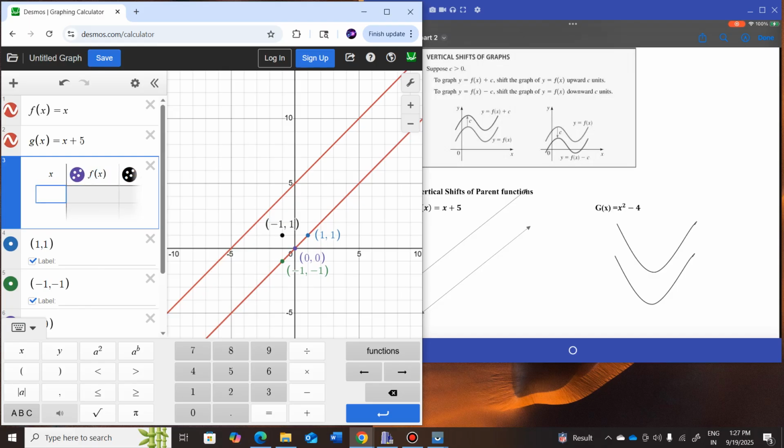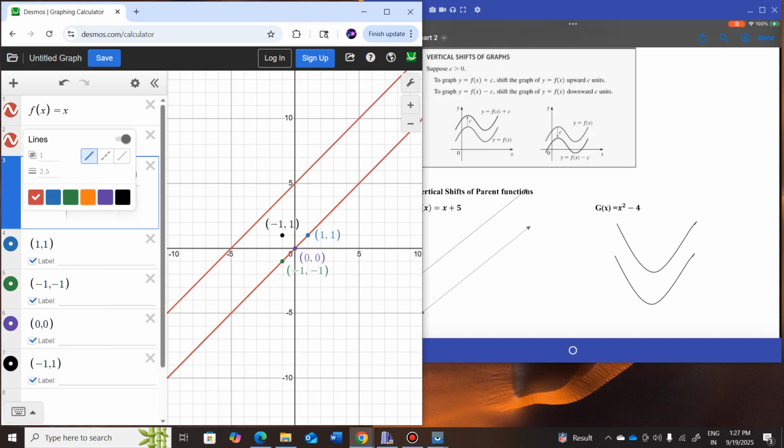Let me get back to my axis. All right. And what we see here is, let me switch color on this so we can see it better. Do blue. Y equals x plus 5 is always higher than y equals x, and it's always 5 units higher.